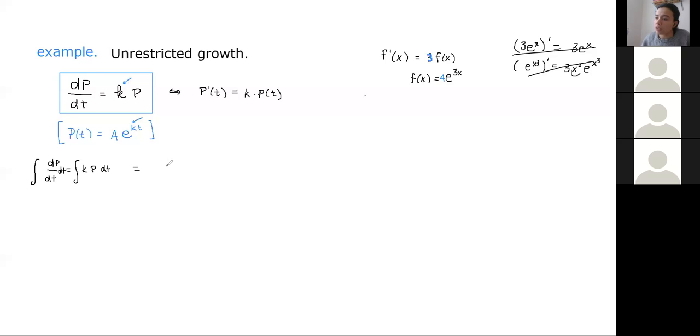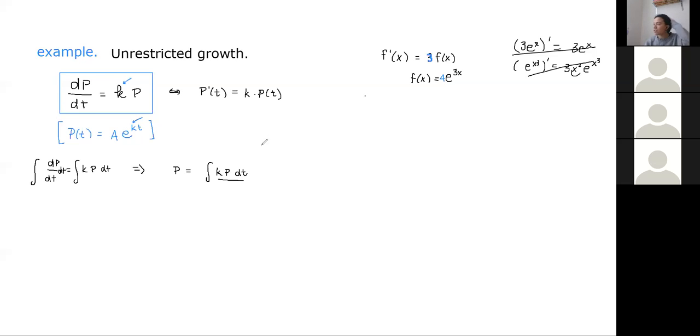And so on the left-hand side, I get the function p. And on the right-hand side, I have to integrate kp with respect to t. Wow, this doesn't really work, right? We don't really have a way to evaluate this integral yet because we don't know what the function p is. This is the thing that we're trying to find.